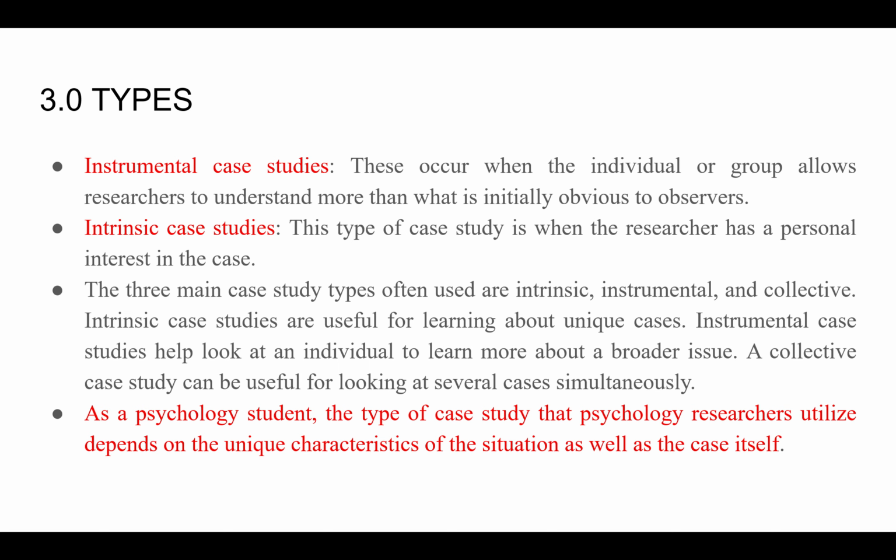Intrinsic case studies are useful for learning about unique cases. Instrumental case studies help look at an individual to learn more about a broader issue. And a collective case study can be useful for looking at several cases simultaneously. Well, as a psychology student, the type of case study that psychology researchers utilize depends on the unique characteristics of the situation as well as the case itself.